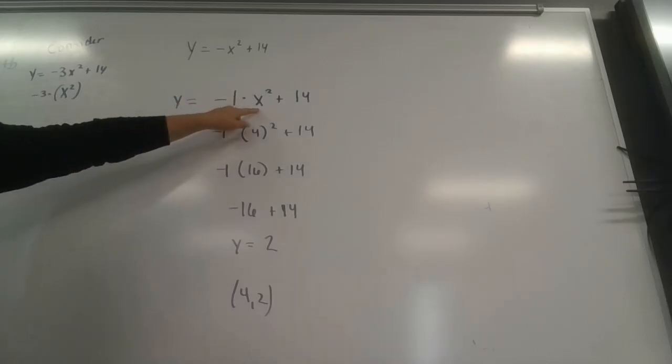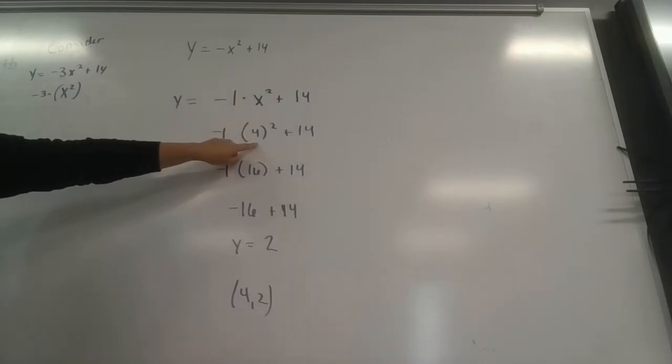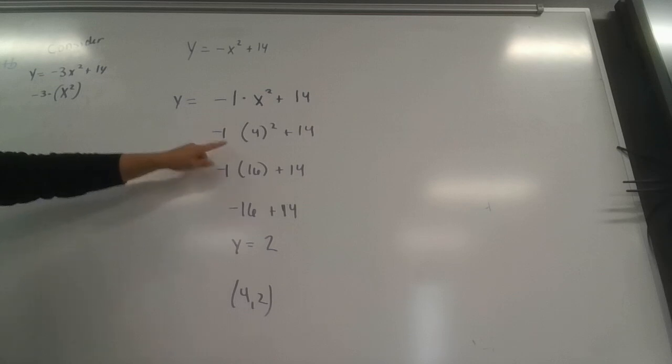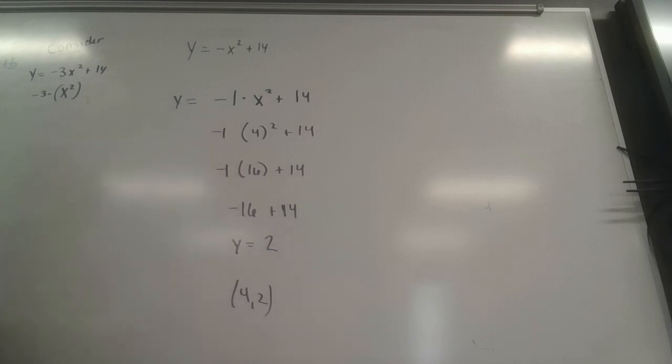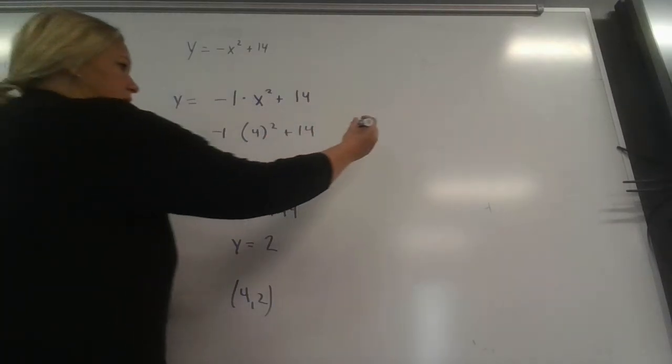So when I plug 4 in here, 4 squared is 16. 16 times negative 1 is negative 16, and I get a negative 2. Does it make more sense with the 3, Calypso? Yeah. This one's so much easier than the negative when there's a number with it. So the positive 4 resulted in a negative 2. Now we'll do negative 4.